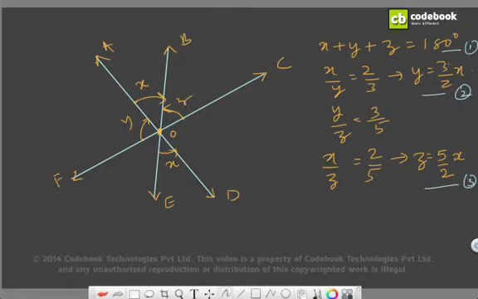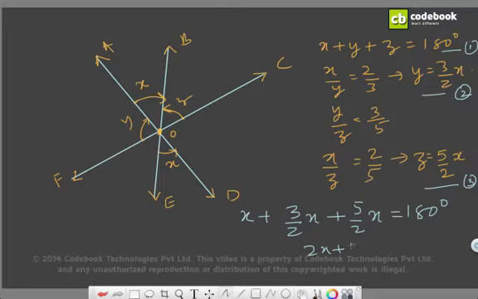Substituting 2 and 3 in 1, we will end up with x plus 3 by 2 times x plus 5 by 2 times x is equal to 180 degrees, which is nothing but x plus, taking LCM out, you will have 2x plus 3x plus 5x is equal to 360, because you will take the denominator 2 and multiply it on the right hand side.